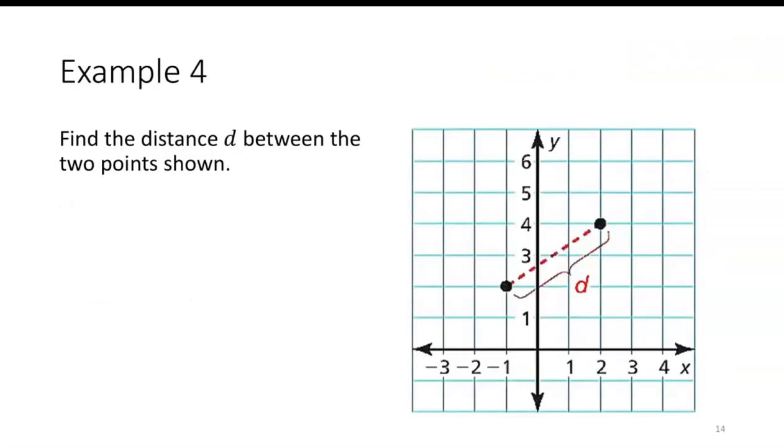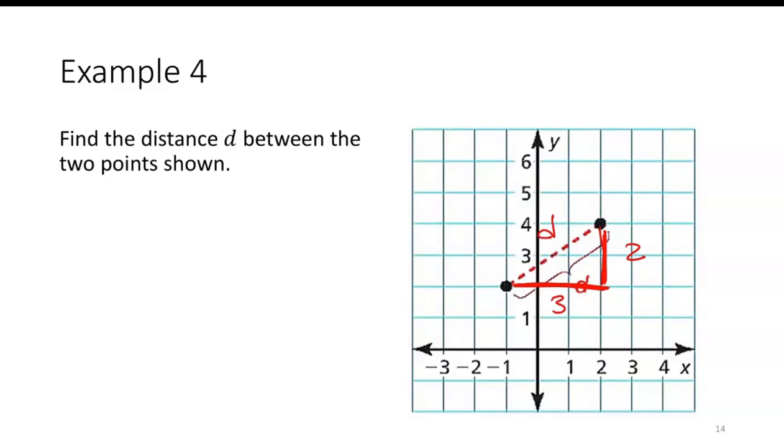So say I want to find the distance shown here. You can think of forming a triangle. The horizontal part has a length of 3. The vertical part has a length of 2. And then my hypotenuse is that distance.